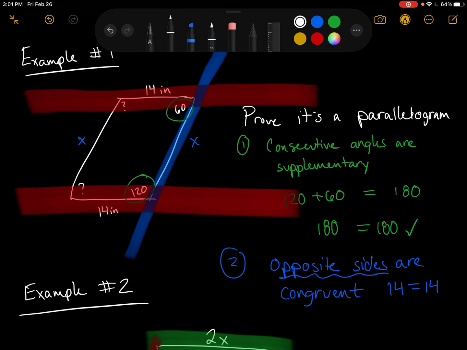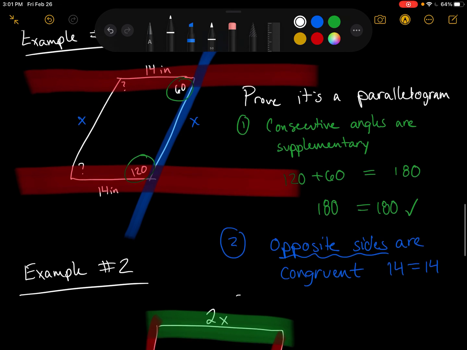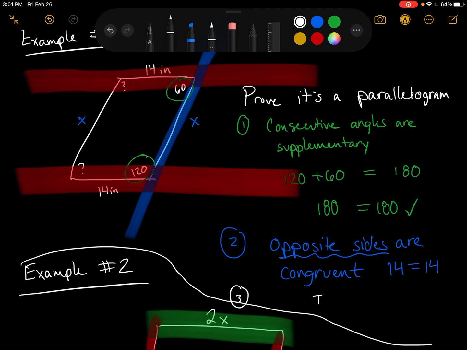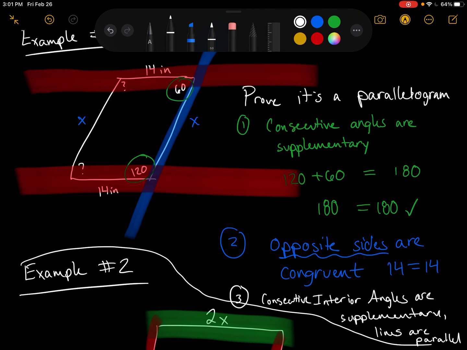So if our interior angles, and this is going way back, so our third way here, so consecutive interior angles are supplementary, then it proves that lines are parallel. So that means that because these two add up to 180 degrees, that this is parallel to this.